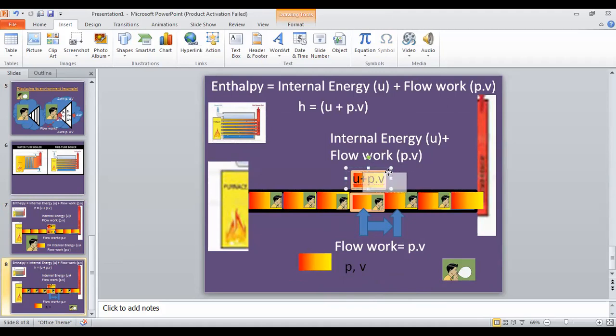There are better ways of understanding, but you can imagine it like this. Enthalpy: always if there is a flow, the total energy is the internal energy plus the pressure times volume.